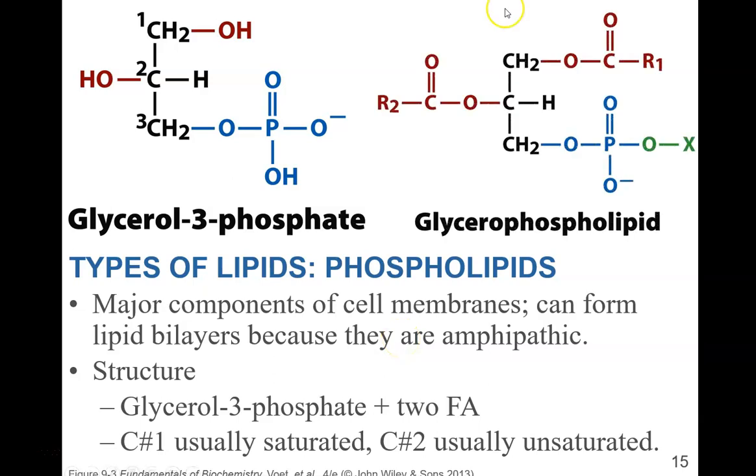So that means you get something that looks like this. Here's our glycerol shown in black. Here's our fatty acid number 1, fatty acid number 2. There's the phosphate. And in green, we can also use our phosphate as an attachment point for a head group.